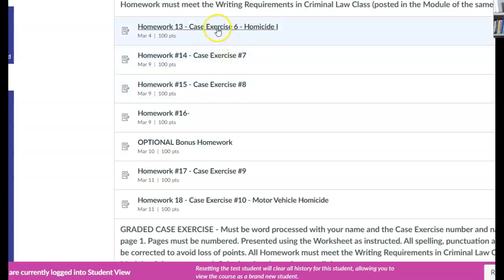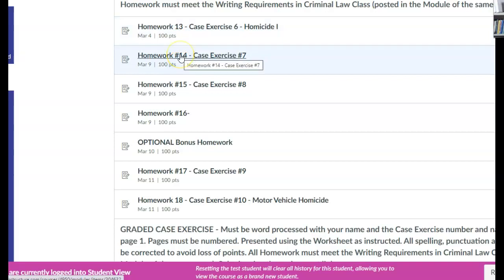So for each of the case exercises, you will thankfully only be getting notification of and links to one link per homework. Moreover, I'm going to take you into homework number 13 just to show you how things are.